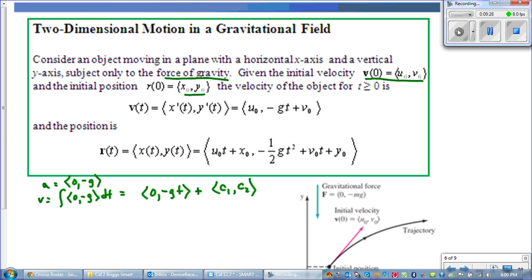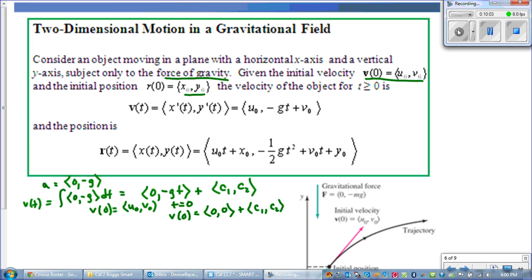Now, we're given an initial condition. We know that this is v of t, but v of 0 is u naught, v naught. So put 0 in. Remember, this is just v of t. Let t equal 0, and we get v of 0 equals 0, 0 plus c1, c2.